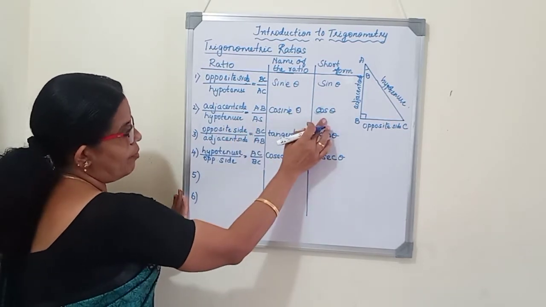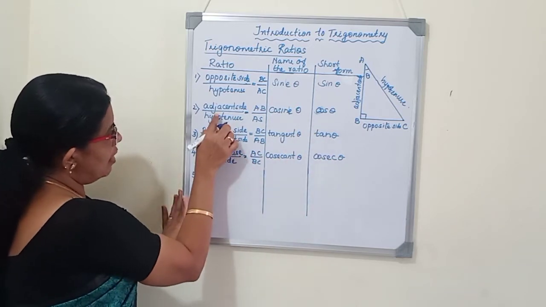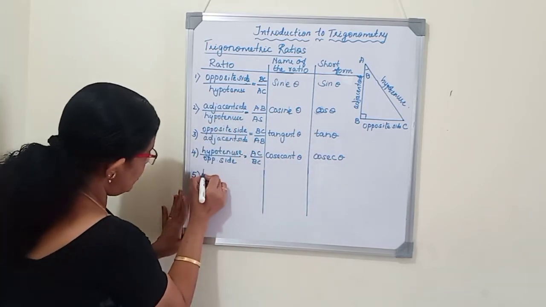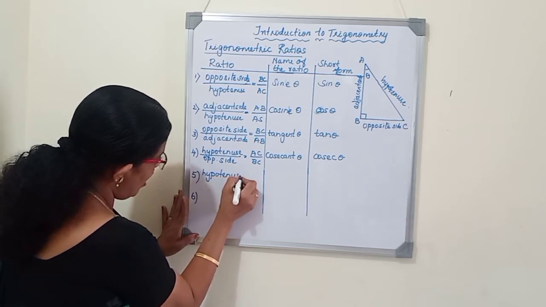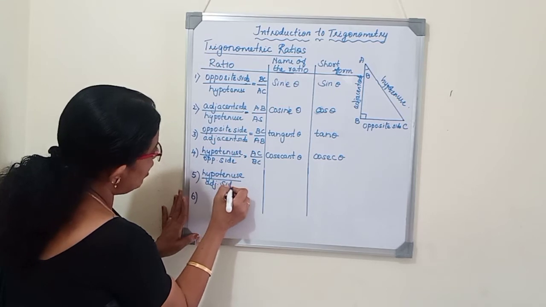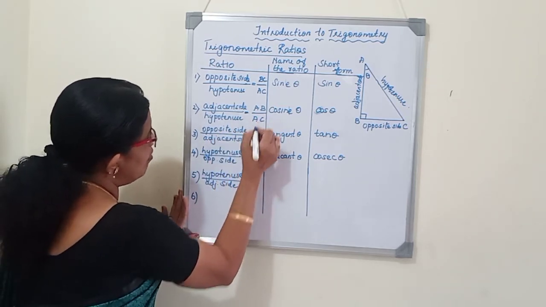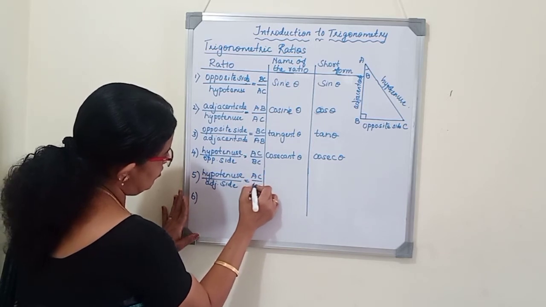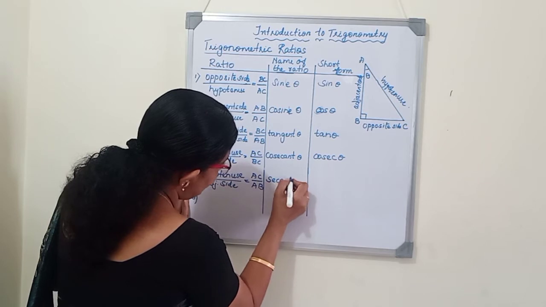Next is the reciprocal of cos theta, that is secant theta, that will be hypotenuse by adjacent side. So that will be AC by AB. That is secant theta.